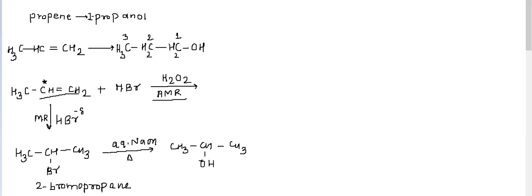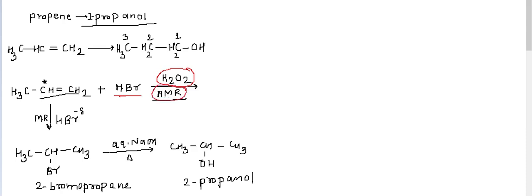So we will end up with 2-propanol, but we have to prepare 1-propanol. So we have to do this addition, CH3CH=CH2 plus HBr in presence of H2O2, so that the addition will take place according to anti-Markovnikov's rule.